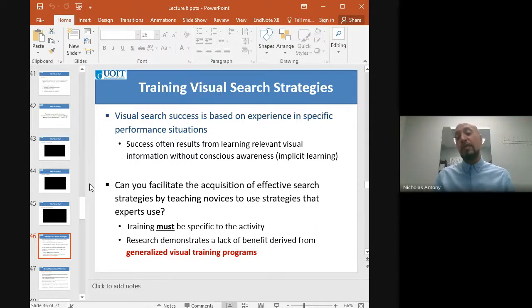And so that's the developing of visual search strategies, but you can't have what's called a generalized visual training program. I can't teach you what to look at in hockey and then have that translating to sports shooting. It's very sports specific or task specific. The specific things that experts become better at picking out from the environment and what to focus in on is specific to that task. Does that make sense, everyone?